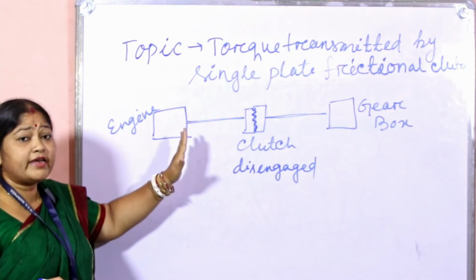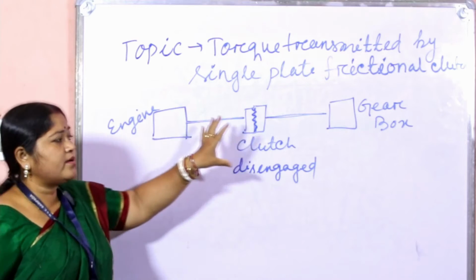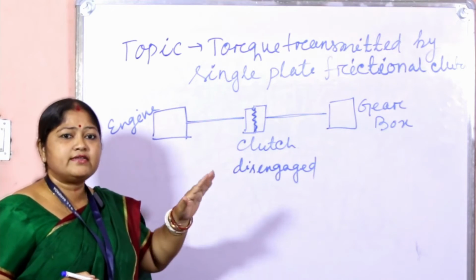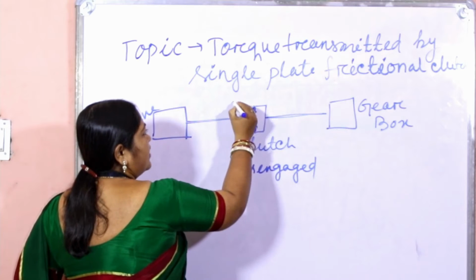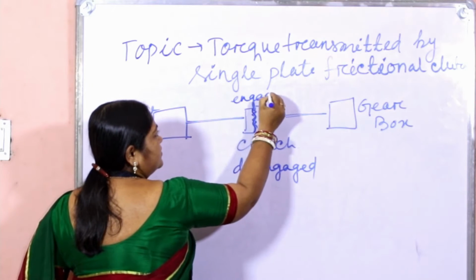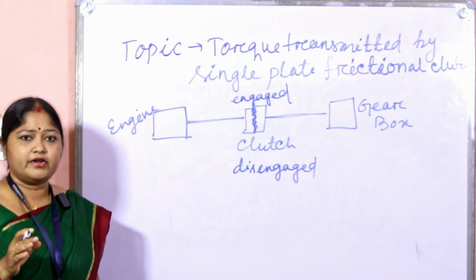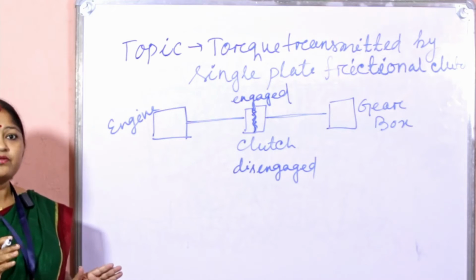The power transmission cannot occur from the engine shaft to the gearbox. When the clutch pedal is released again, the two plates are in engaged condition and the power transmission continues.